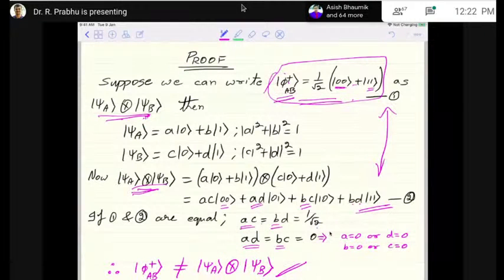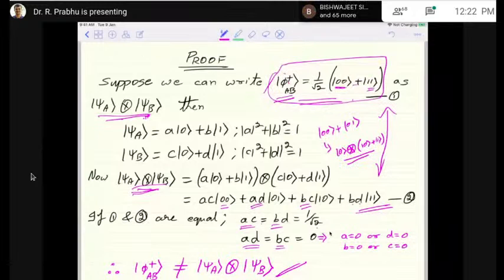So for example, if you have a state which is 00 plus 01, then surely you can write this as 0 tensor (0 plus 1) state. So you have a tensor product of the states, and hence this will be a product state.